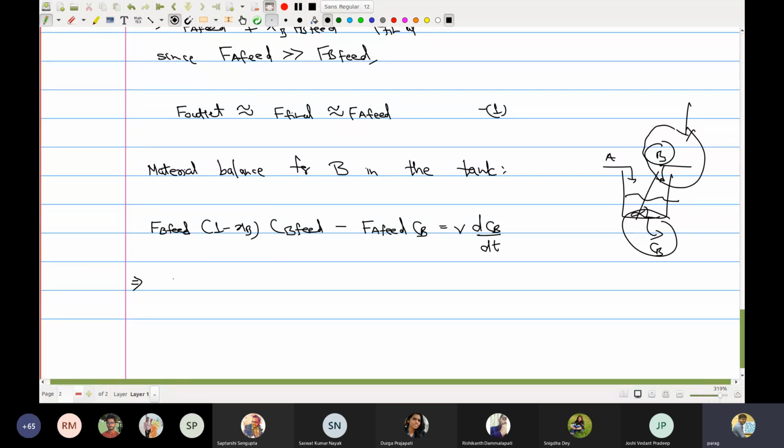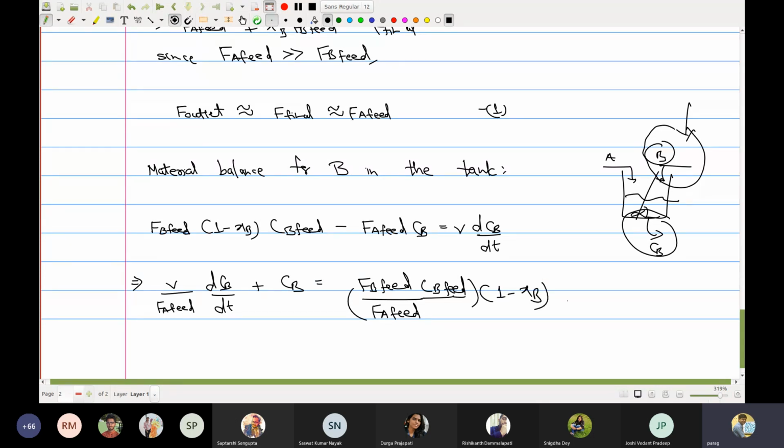I can write this as V upon FA feed times dCB by dt plus CB equals FB feed by FA feed times CB feed into 1 minus XB, right?